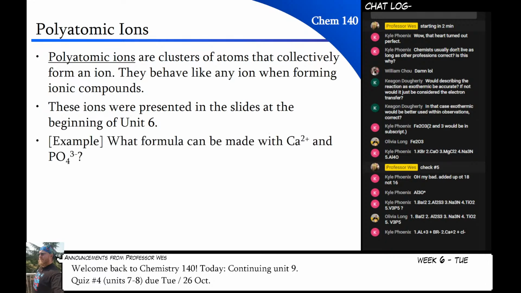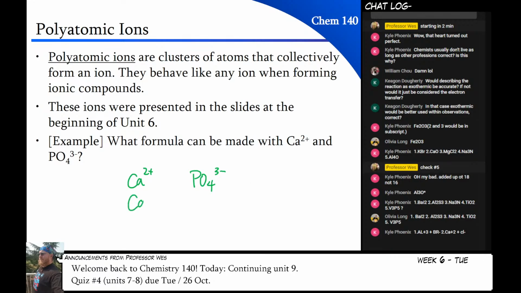So let's look at some of those. So if I wanted to make something with calcium with a 2+ charge and phosphate, which is PO4 with a 3- charge, we would do the same thing that we did before. Just this PO4 is going to be our cluster for negative. Well, I have a +2 and a -3. Those do not add up to 0.